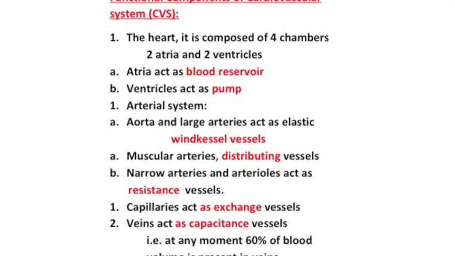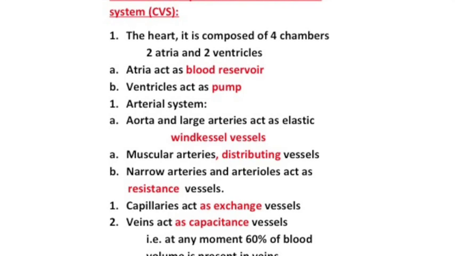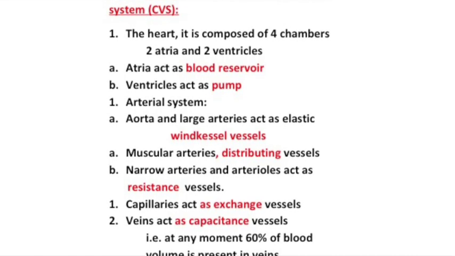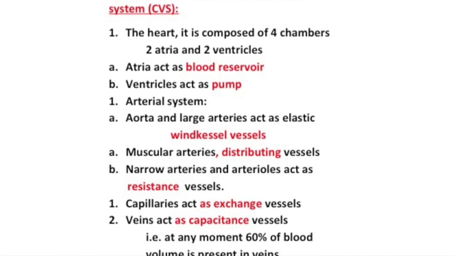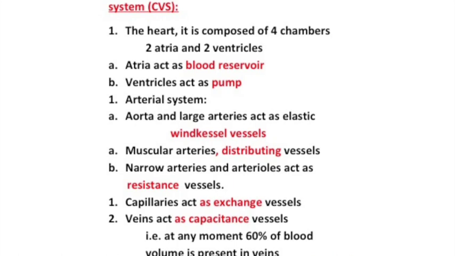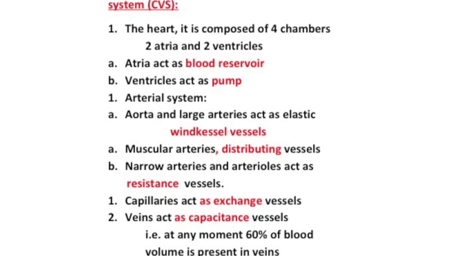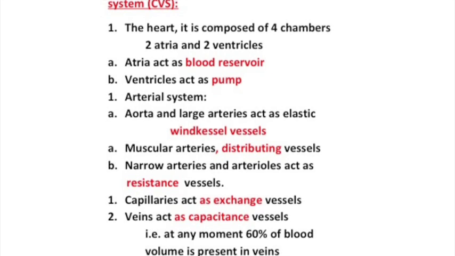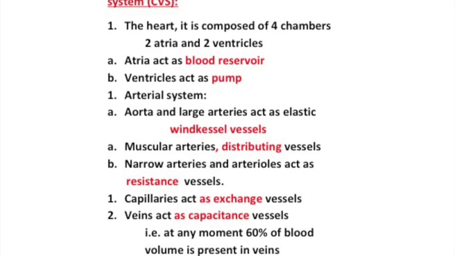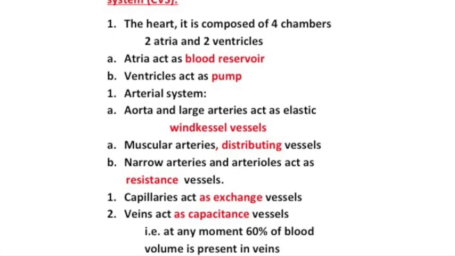Then, if we have a rapid look at the arterial system, we can recognize the aorta and the large arteries, and they are very rich in elastic tissue. Therefore, they act as Windkessel vessels to maintain continuous blood flow to the organs.